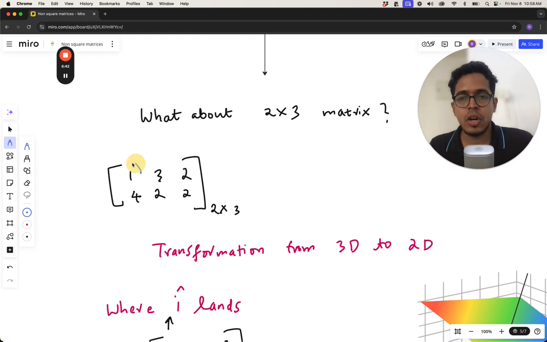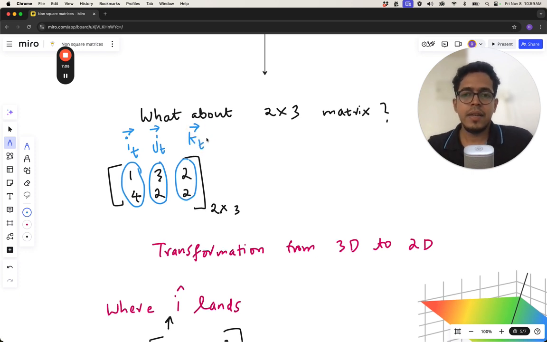So the first column of this 2x3 matrix is where the i lands after transformation, which we can denote as i transformed. The second column is j transformed. These are not unit vectors, so you cannot draw the cap, but you can draw a vector symbol like this. And the third column is where the k ends up after transformation.